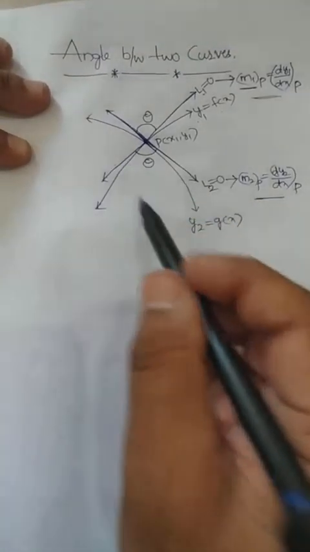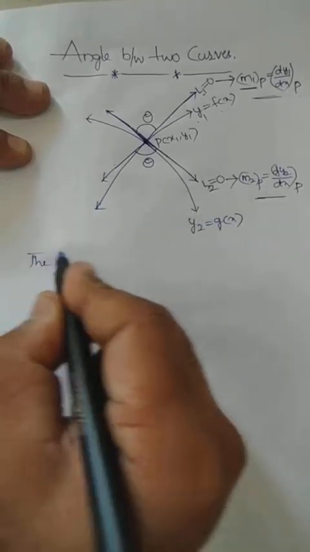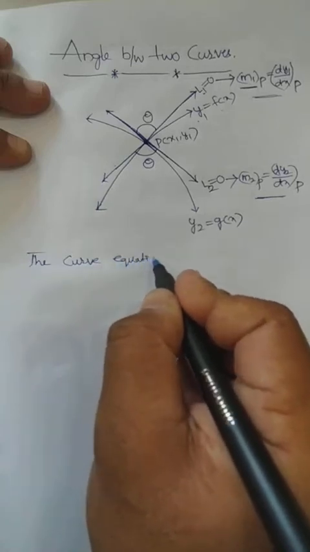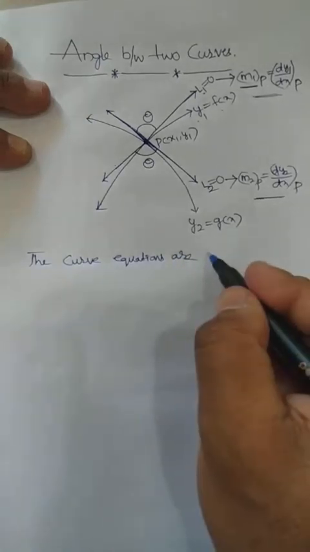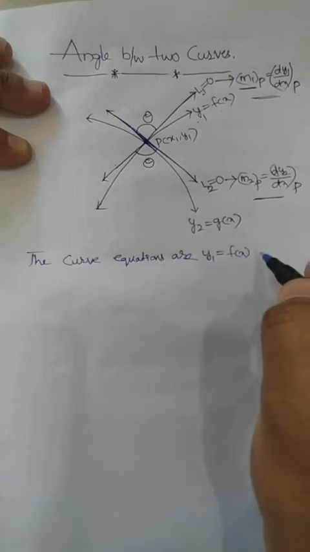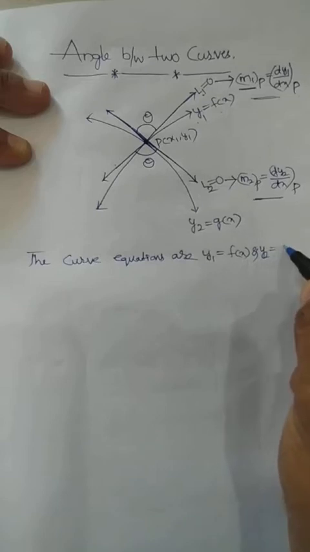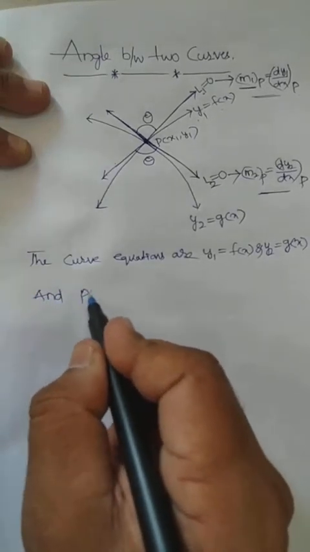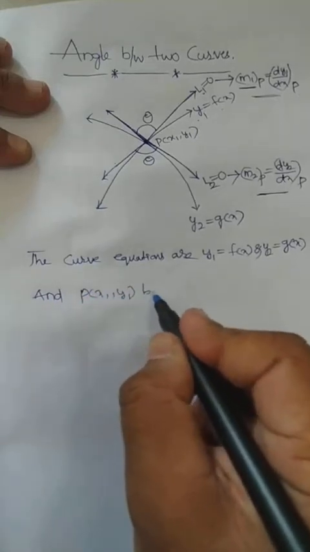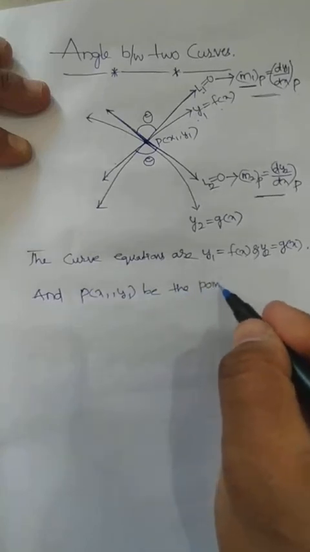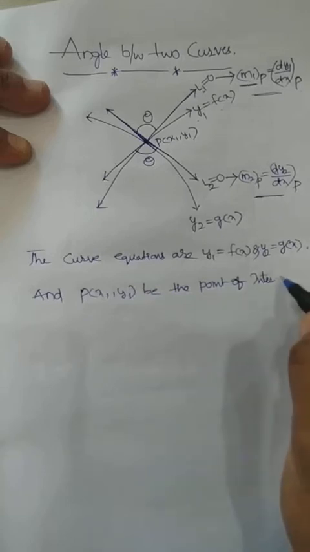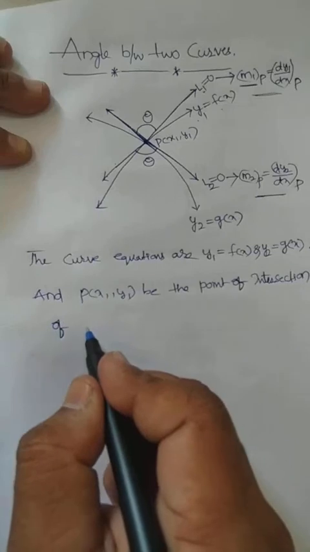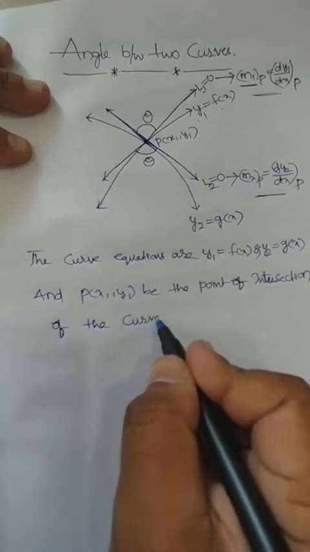Now we will write some theory for this concept first. The curve equations are y1 is equal to f of x and y2 is equal to g of x, and P of x1 comma y1 be the point of intersection of the curves.